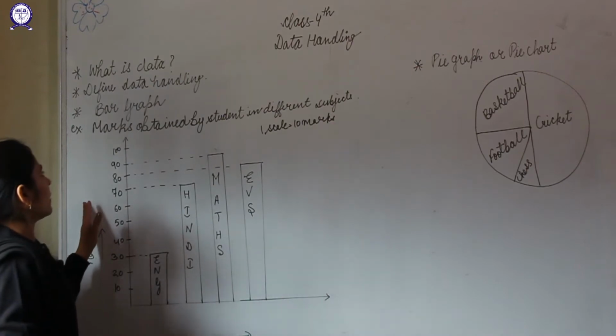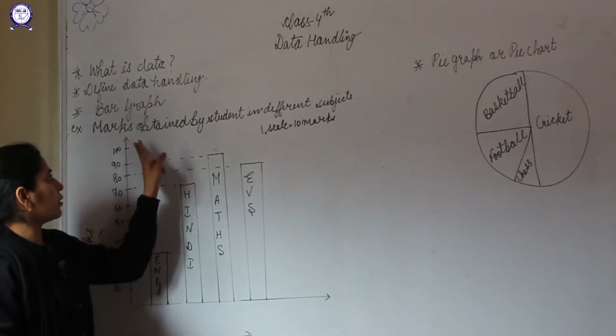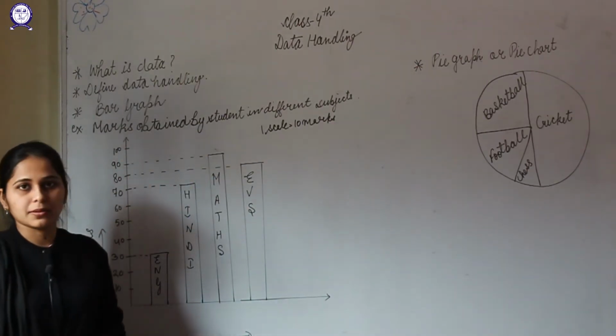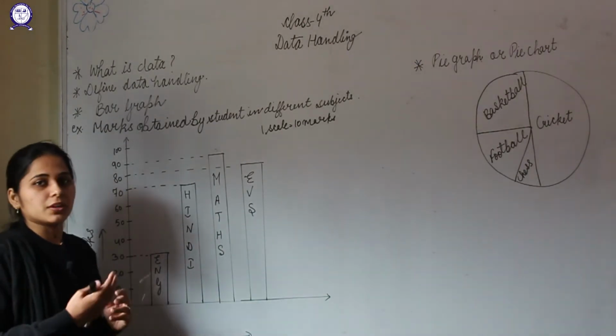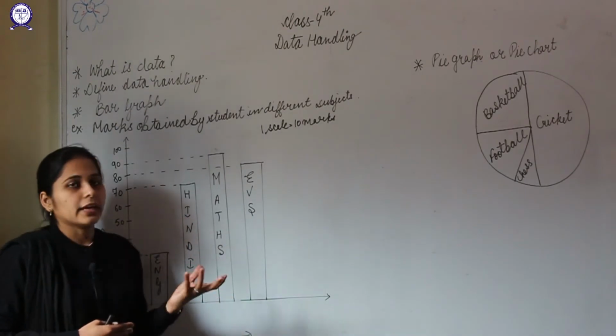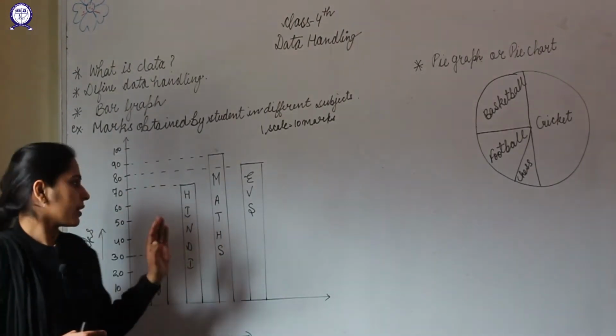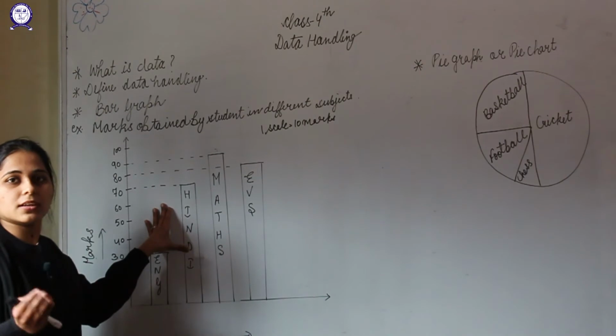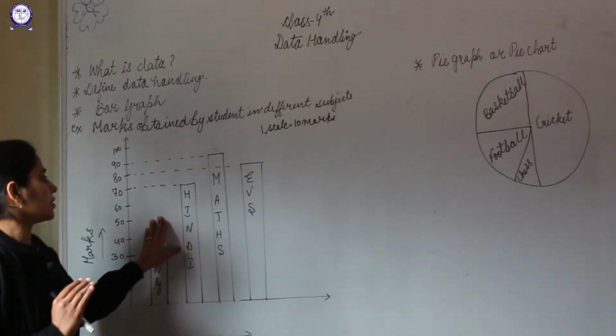So how to study the bar graph first? Here is one example of marks obtained by a student in different subjects. Suppose there is one student and he has drawn one bar graph about his marks. You are given this bar graph, and you have to answer the questions on the basis of this bar graph.